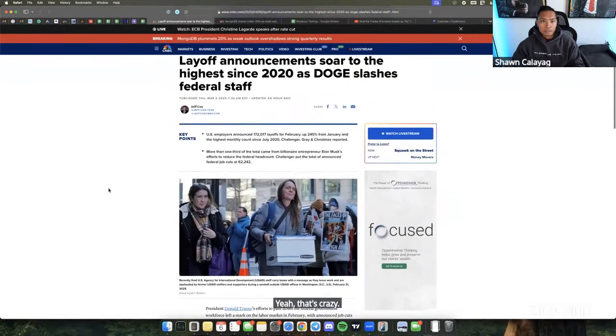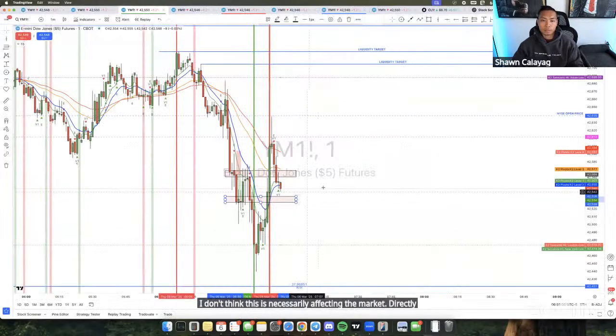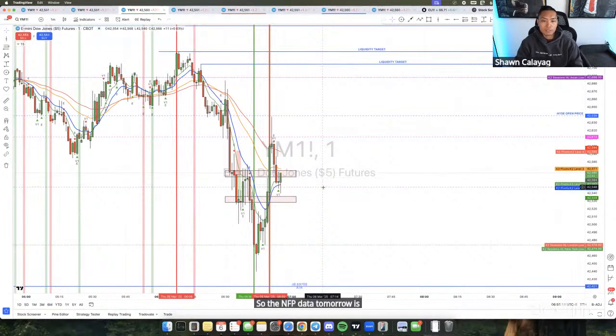I don't think this is necessarily affecting the market directly. Well, no, it's going to tomorrow, because with all those layoffs, the NFP tomorrow is going to be pretty crazy, I think. The NFP data tomorrow is probably going to show that there are a lot fewer jobs available.